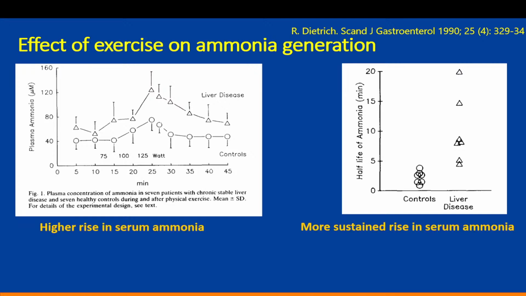The half-life of ammonia was prolonged in cirrhosis patients. That means the rise of ammonia was higher and much more prolonged as compared to the healthy population. But what is the clinical significance? We don't know as of now whether this sudden rise in ammonia is leading to precipitation of hepatic encephalopathy or leading to MHE. We don't know.